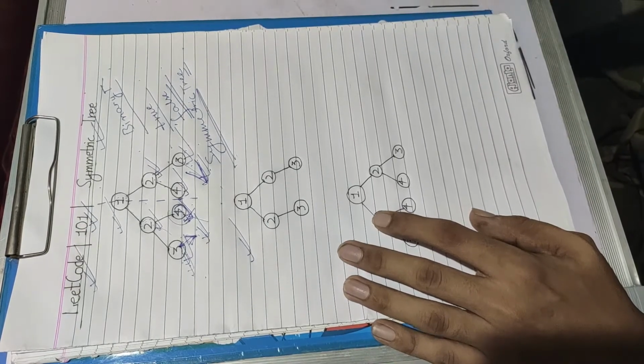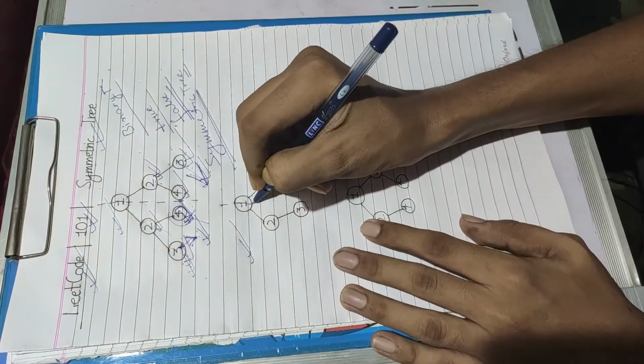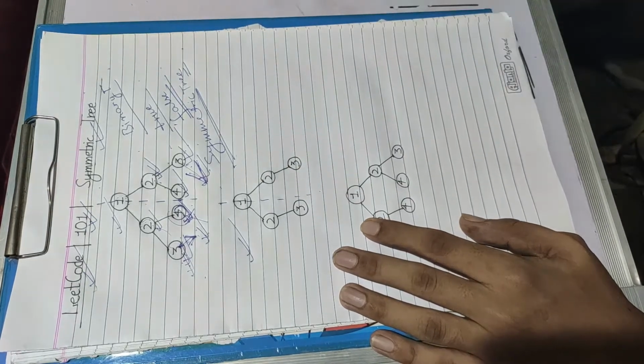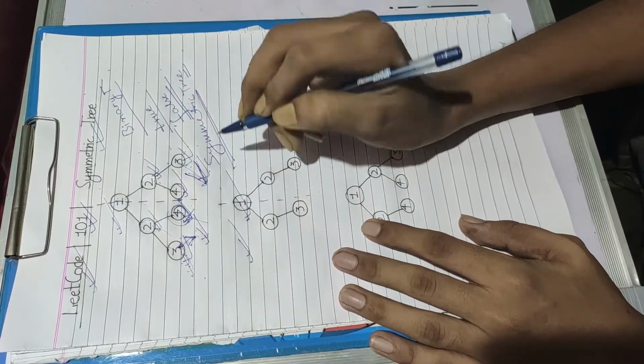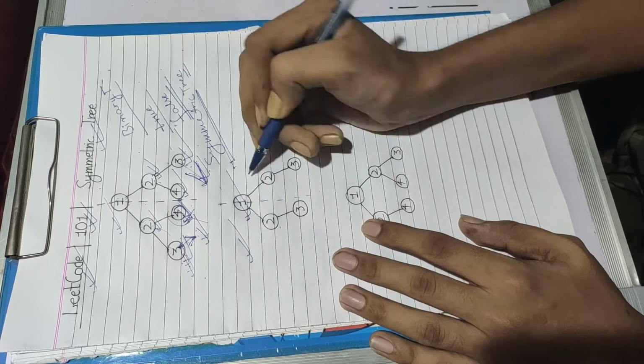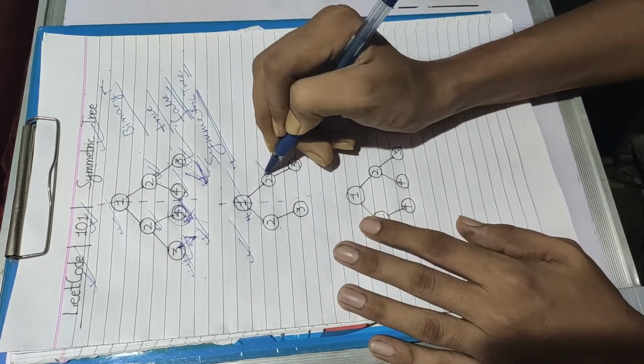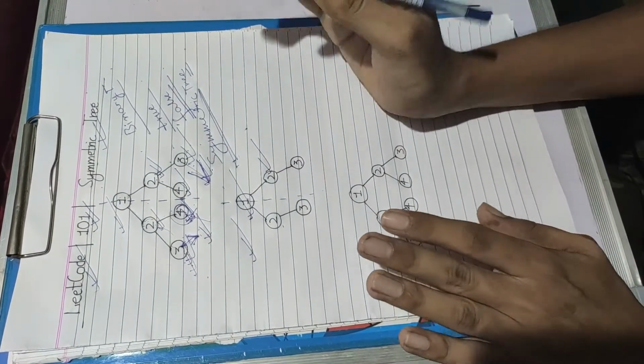So again let's cut it from the middle. Now the left child of 1 is 2, and the right child of 1 is 2. So far good.